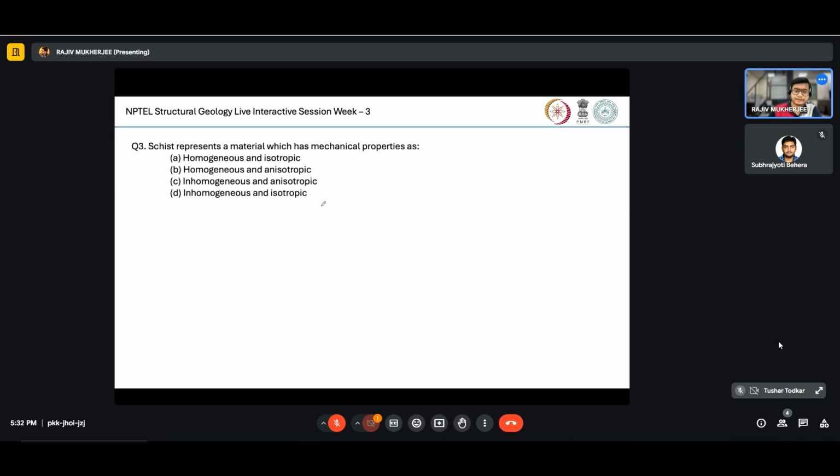So schist is a rock which contains foliation planes, right? So these are the foliation planes.